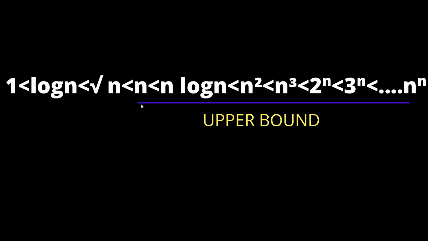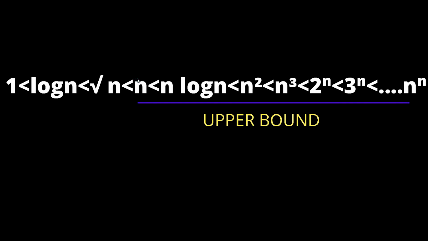Here, the function which we have taken before, 3n plus 10, belongs to the n class, and whatever is present after the n class, we refer to as upper bound. Whatever functions are present to the left hand side of n, we call lower bound, and we call this particular n value the average bound.